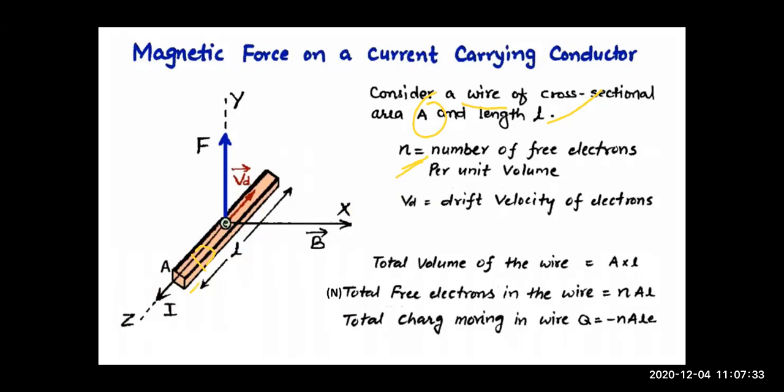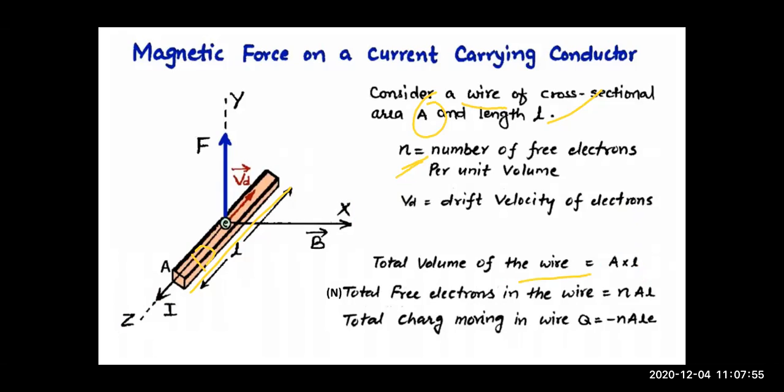What will be the volume of this whole wire? We know that volume is always area into length. Area is meter square, length is meter, and if we multiply this, we will get meter cube. Meter cube is what? Volume. So volume is area into length. So this is the total volume of the wire.